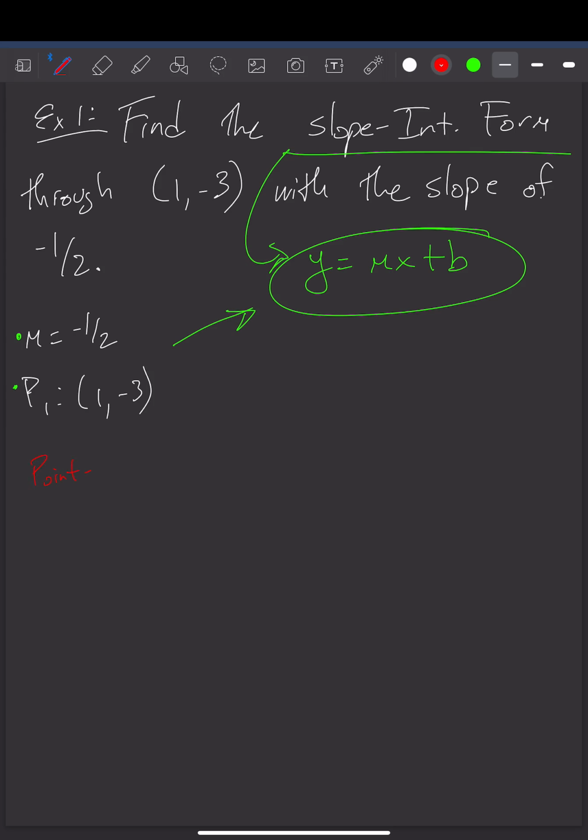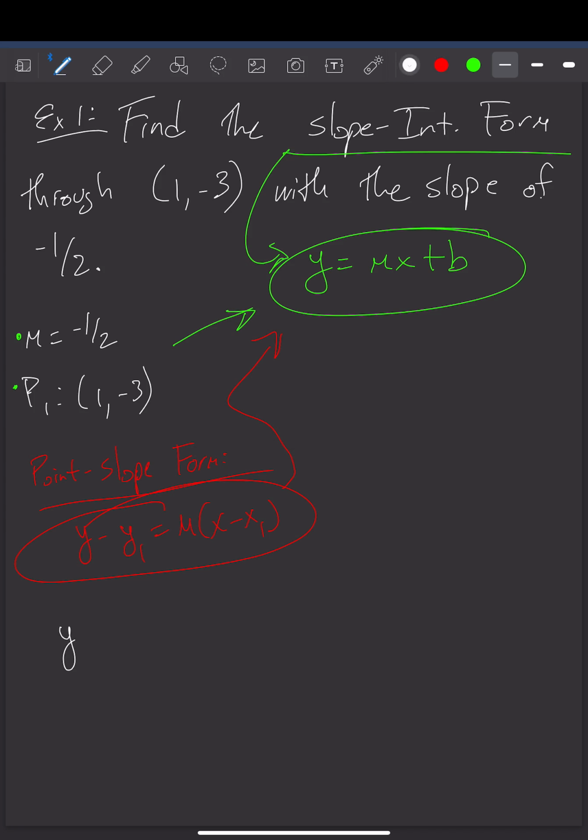And the point slope formula, if you recall, is y minus y1 equals m parentheses, sorry, x minus x1, and all that. So this formula is going to help us create that slope-intercept form that they're asking us to find. So you just plug in the pieces.